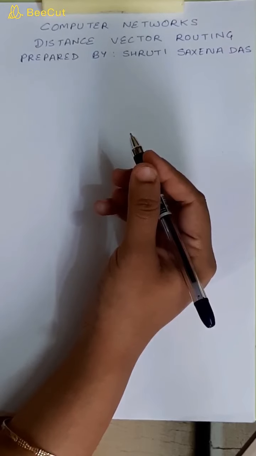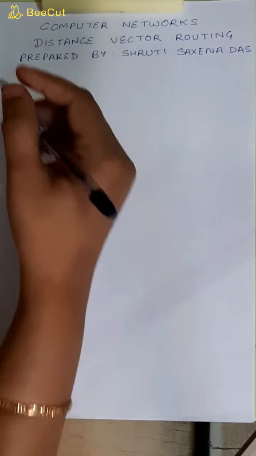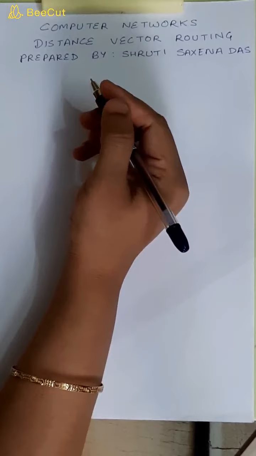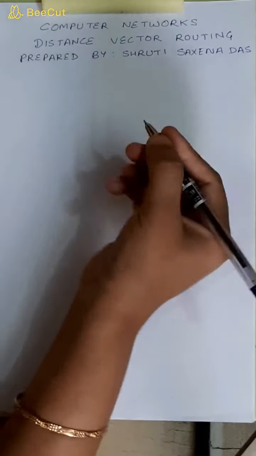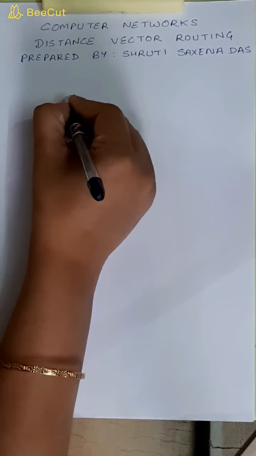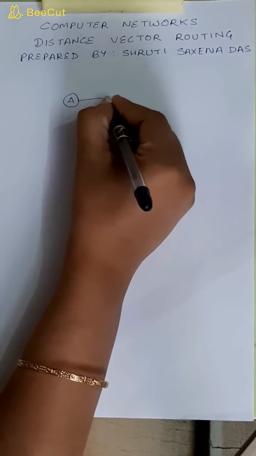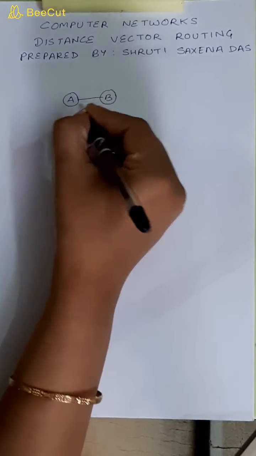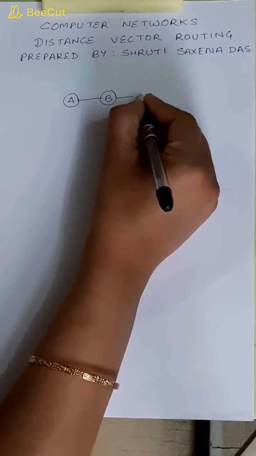So we'll start with distance vector routing. It is also known as the Bellman-Ford algorithm, and suppose we take a network with four nodes.